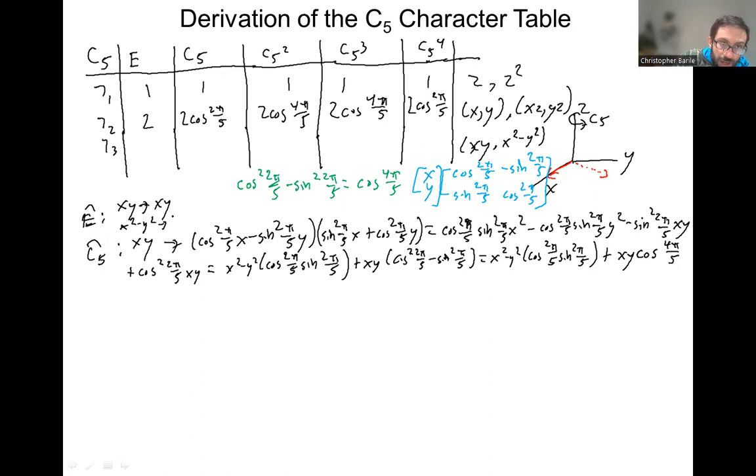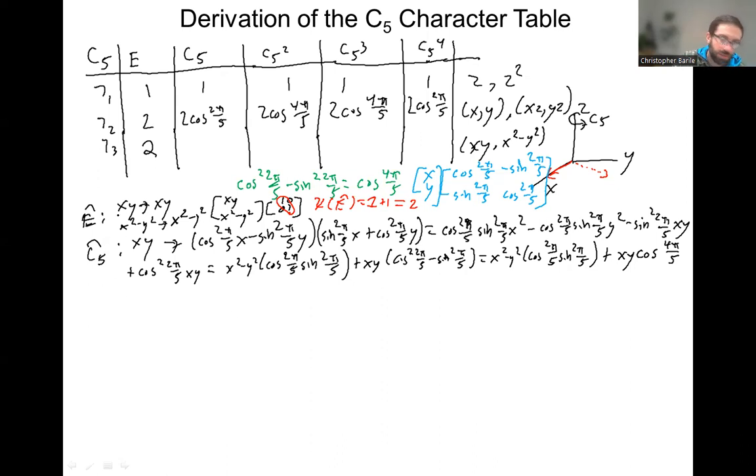And so we have to write our identity matrix for xy and x squared minus y squared, with ones across the diagonal. And then we take the character across that diagonal, and we get that chi, the character of the identity, is going to be equal to 1 plus 1, which equals 2. So again, we're going to have a value of 2 here for our gamma 3 that we're deriving.